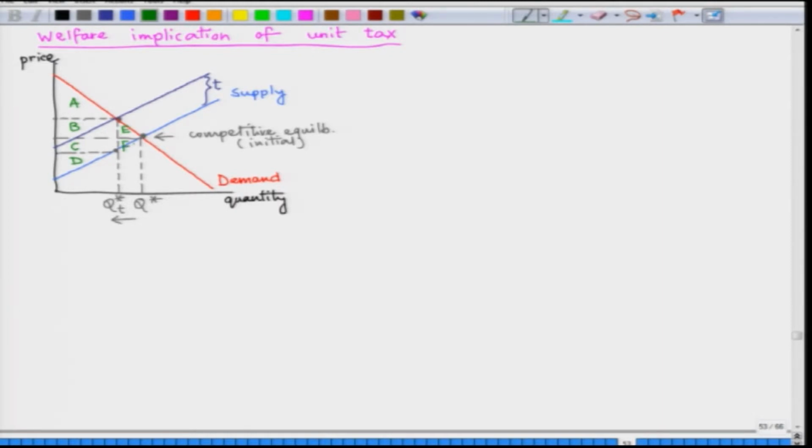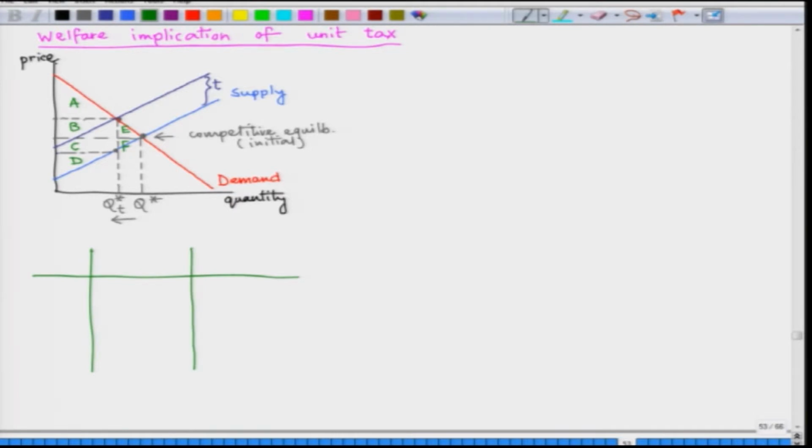So, that is basically my nomenclature. Okay. So, now we are ready to draw a table which will give you the exact areas of welfare changes, right. So, we are going to draw.